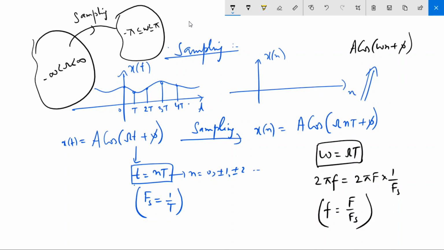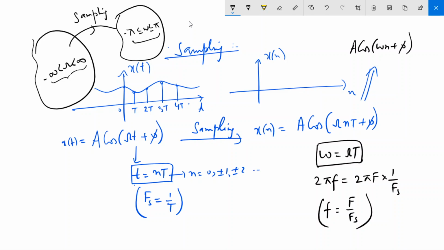Now when you sample it, sampling simply means what? It is a mapping of the frequencies from continuous time to discrete time, and this mapping should be unique or one-to-one. It means the infinite range of frequencies should be mapped only to a finite band of frequencies. Okay, so each frequency in the continuous time should be mapped to only one frequency in the discrete domain.